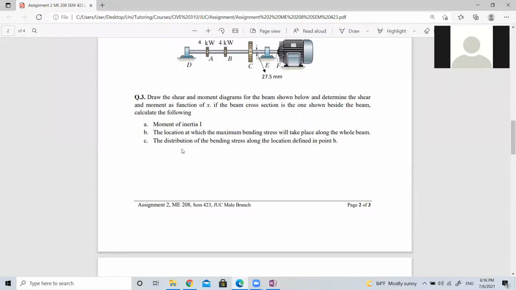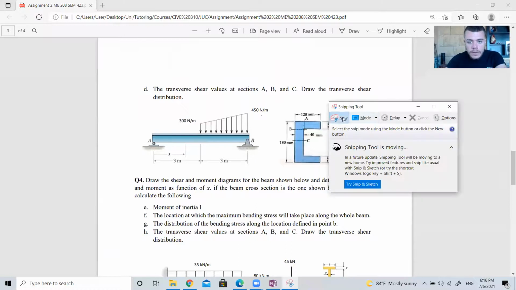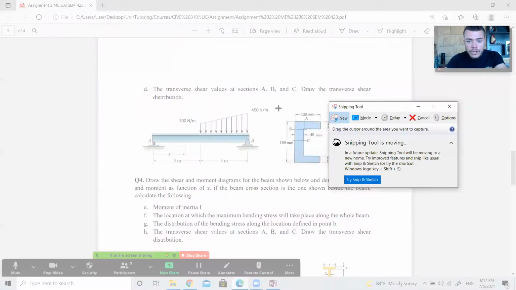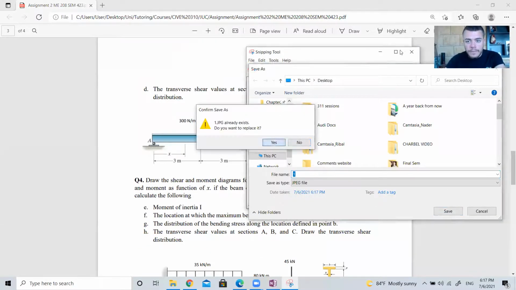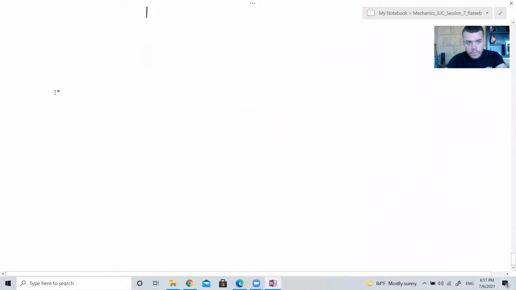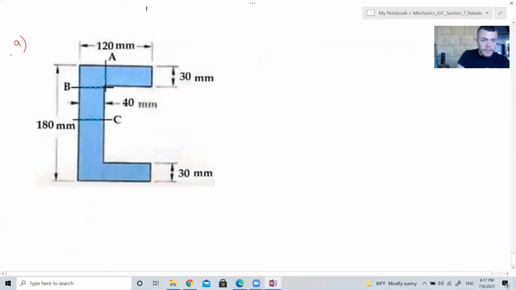Part A. We need to find the moment of inertia of this. Okay, how do you find it? First, where is the centroid?